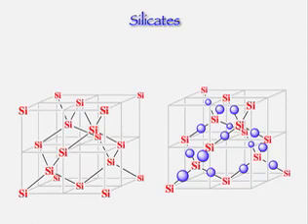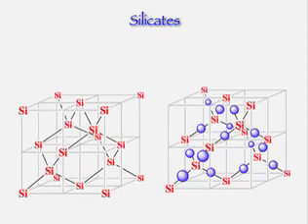Now, before we talk about silicates, let's talk about the element silicon. On the left-hand side, you see the silicon in its unit cell. Silicon has the same structure as diamond carbon. That is, it's a cubic close-packed structure with silicon in some of the tetrahedral holes.